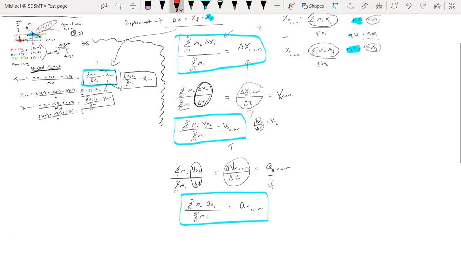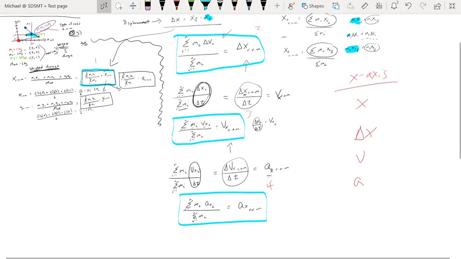So we really don't have a lot of new equations. It's just the same equation repurposed for position, displacement, velocity, or acceleration. And so there's 4 equations related to center of mass for the x-axis.